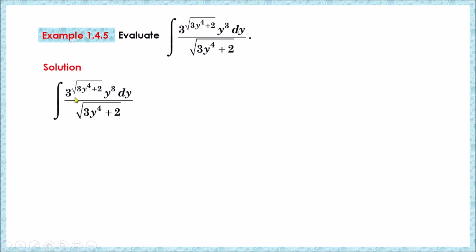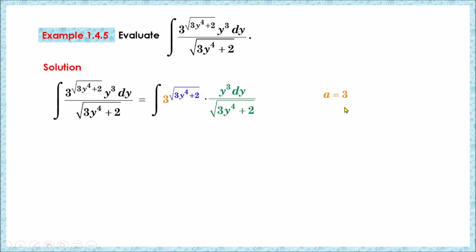Given the integral of 3 raised to square root of 3y to the fourth plus 2 multiplied by y cubed dy over square root of 3y to the fourth plus 2, we can write this as integral of 3 raised to square root of 3y to the fourth plus 2 times y cubed dy over square root of 3y to the fourth plus 2.